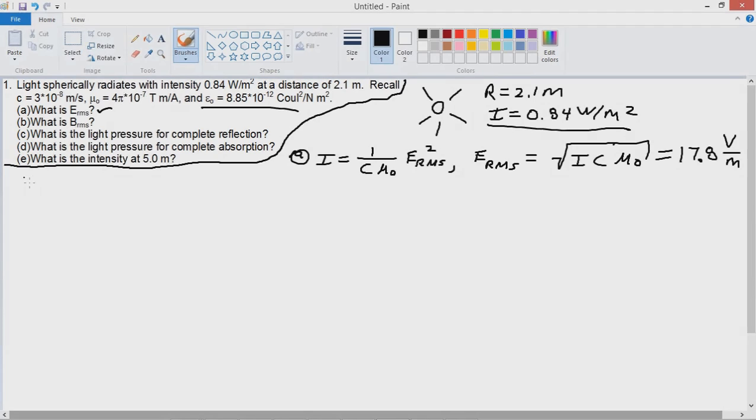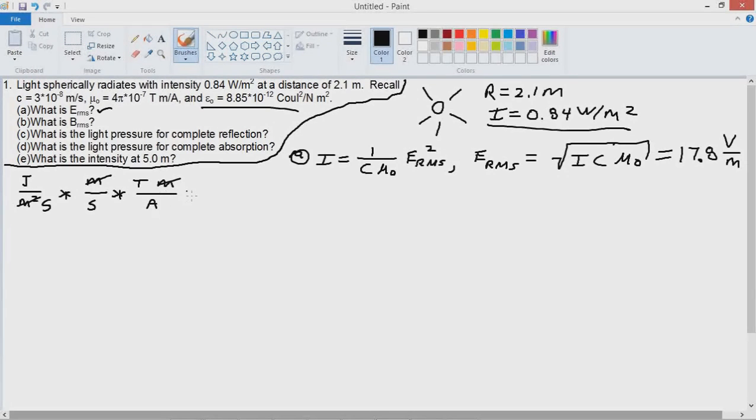So the units of intensity are power per meter squared, which is joules per meter squared second. That's intensity, times speed of light in meters per second, times mu 0, which is a Tesla meter per amp. And so the meters squared all cancel out. This is a joule.